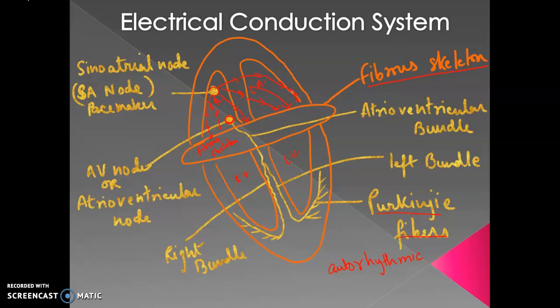Now, as the action potential spreads all over the atria and hits the fibrous skeleton, remember, most of the impulses die. Most of the impulses die as they hit the fibrous skeleton, because remember, what's the function of the fibrous skeleton?